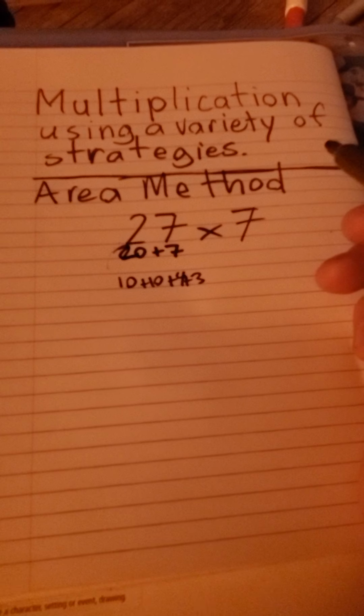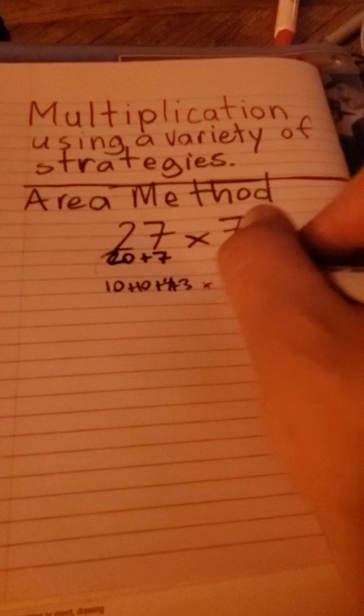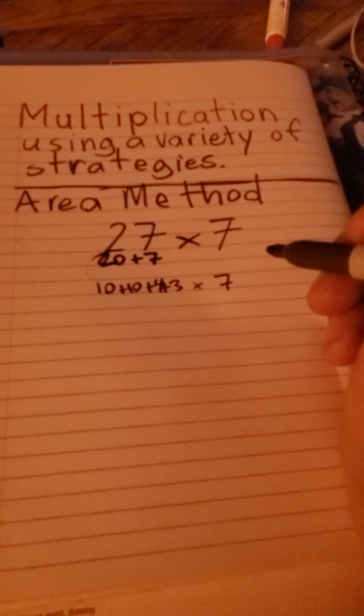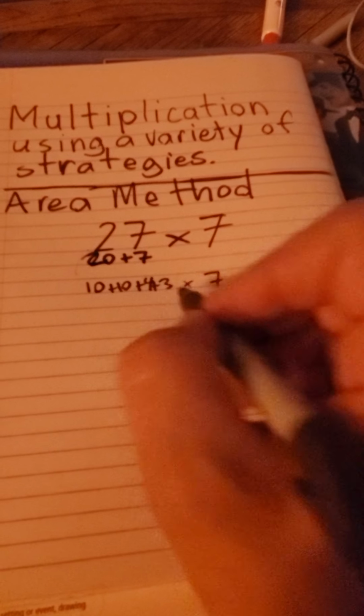Sorry about my handwriting. It is 6:30. I know everybody in my class can multiply by tens and by fours and such. So let's go ahead and set it up like that.